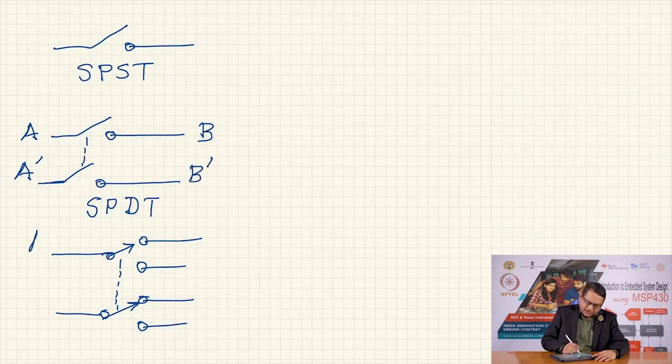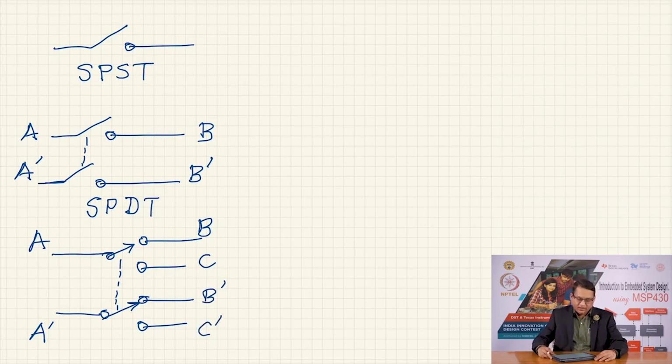So, here I can say A, B and C, here it will be A dash, B dash and C dash. So, if I look at SPDT, if the switch is open, that means A and B are disconnected, then A dash and B dash will also be disconnected.